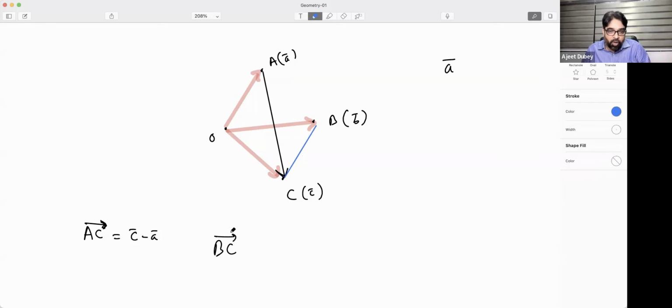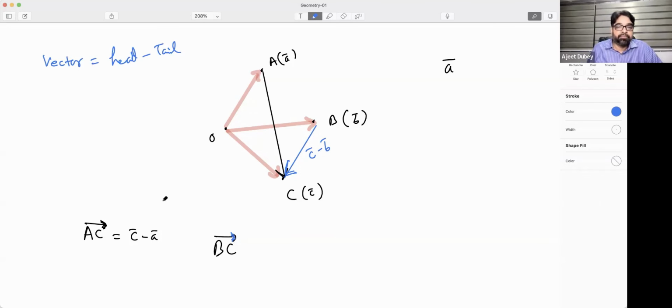The arrow is on C. It means this will be head minus tail, C minus B. I hope it's clear to everybody. So why is it not B minus C? Where is the head, on C or B? C. So head minus tail. Simple trick: head minus tail. That's all.